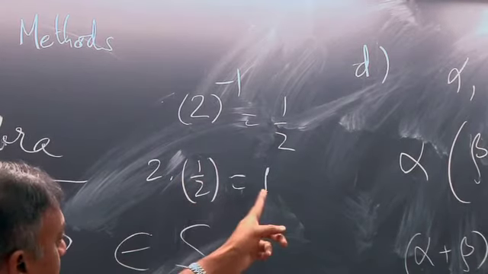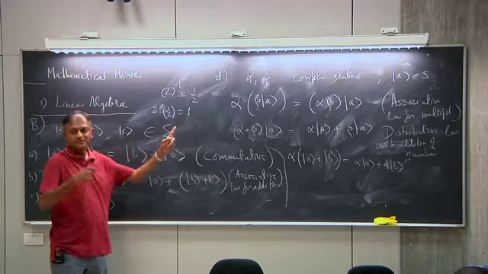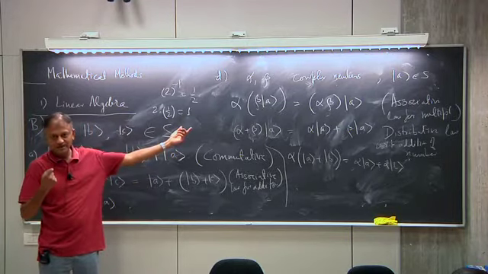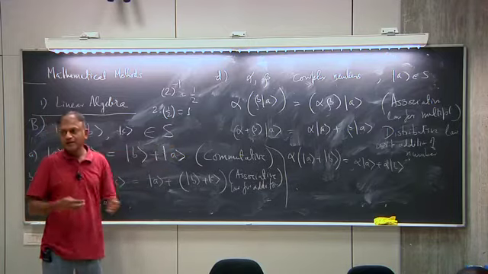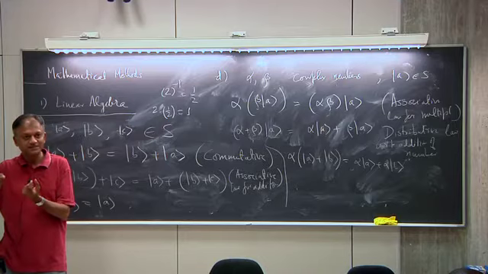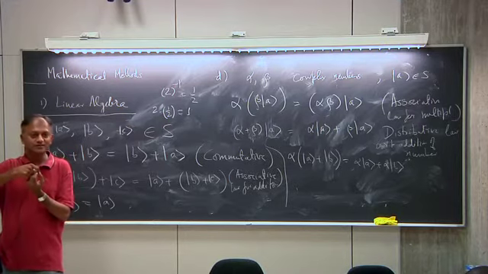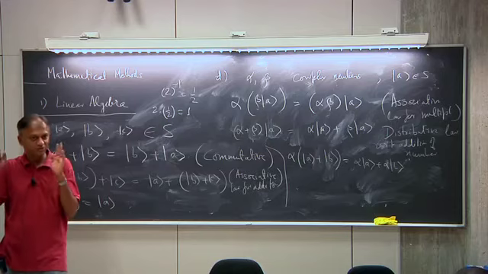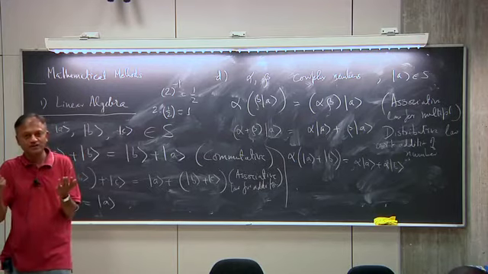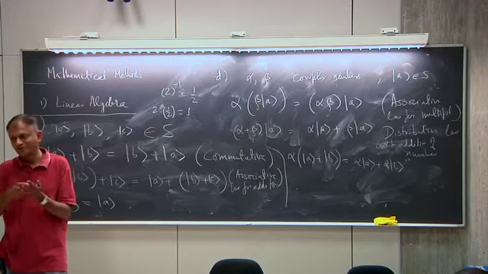See, in multiplication, 1 times anything is the same thing, right? So 1 is a very special element. Similarly, when you talk about addition, 0 is a very special number, because 0 plus something is again the same thing. So when you talk about the inverse with respect to addition, not multiplication, if I give you 2, the inverse of 2 with respect to addition is -2, because 2 minus 2 is 0.